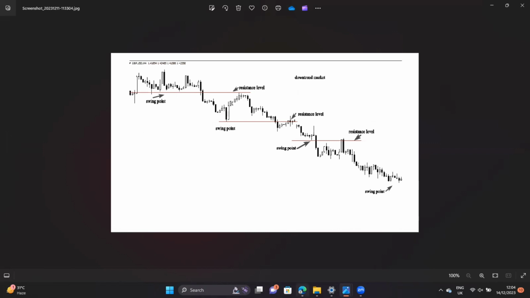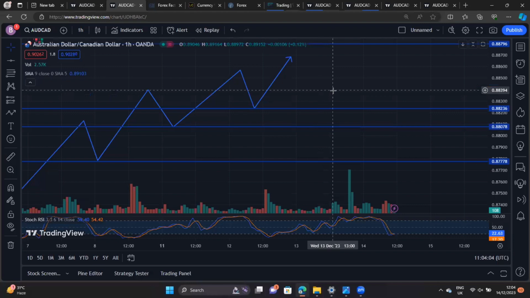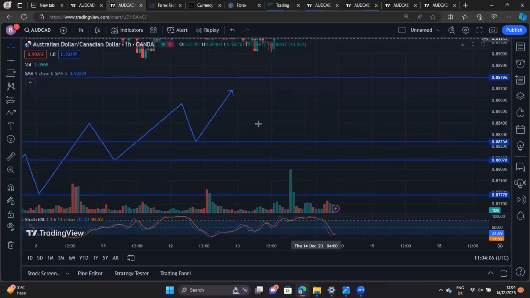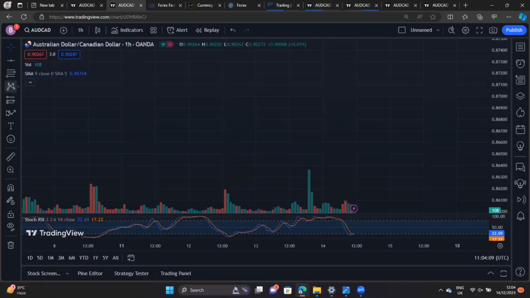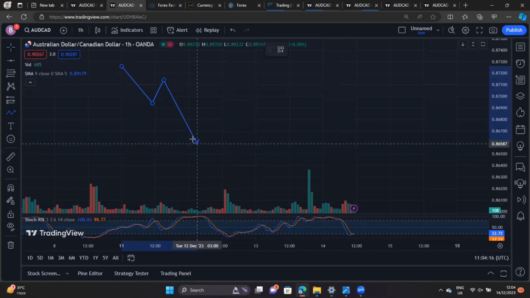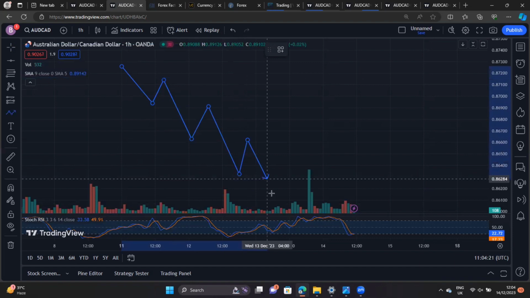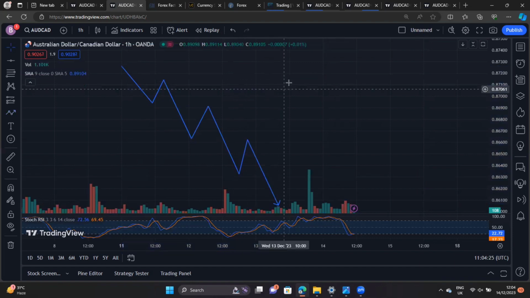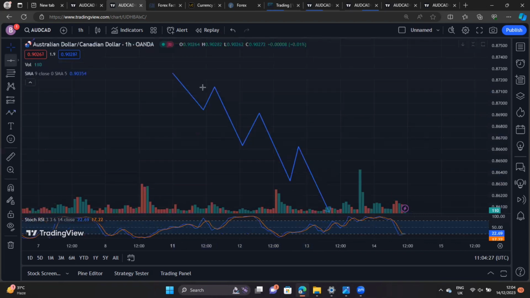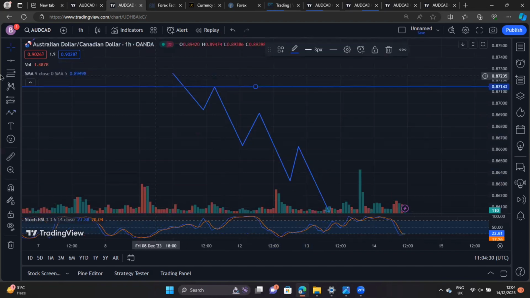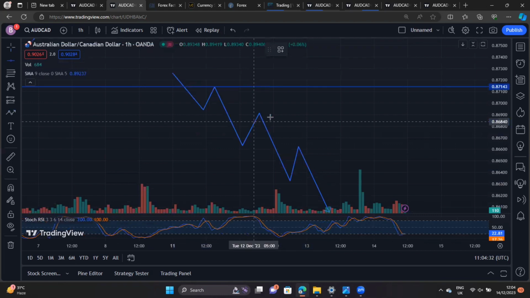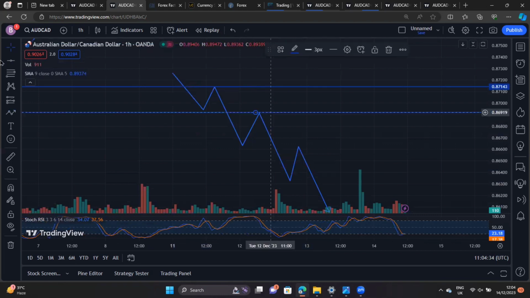So for a downtrend, we have a market structure in this pattern. Let me put up something there. For a downtrend, we always have market patterns like this: lower highs, lower lows, lower highs, lower lows, lower highs. But then the market is repetitively going downwards. So we can say that the lower highs could be reliable resistance areas.